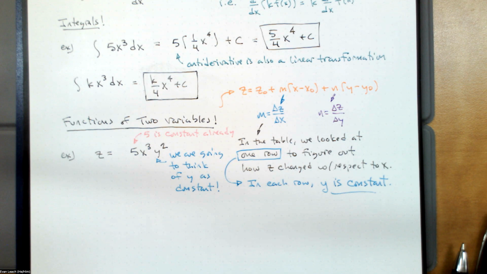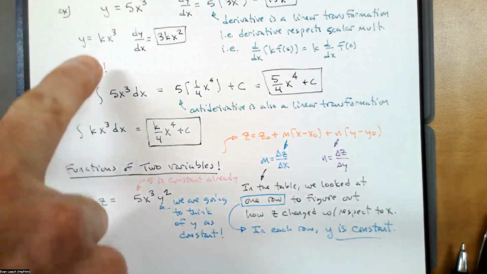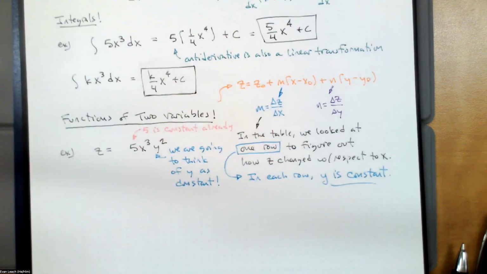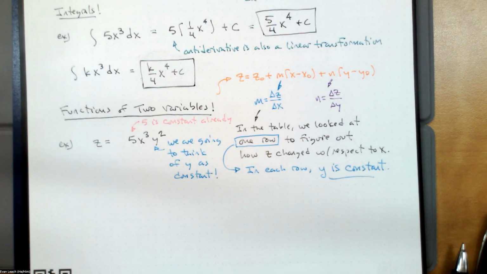We're going to think of the y the same way we thought of this k up here. But instead of writing k, we're writing y squared. That's fixed. Fixed value of y, fixed value of y squared. What's the derivative of x to the third with respect to x? 15x squared if we include the 5. The derivative of x to the third is 3x squared.